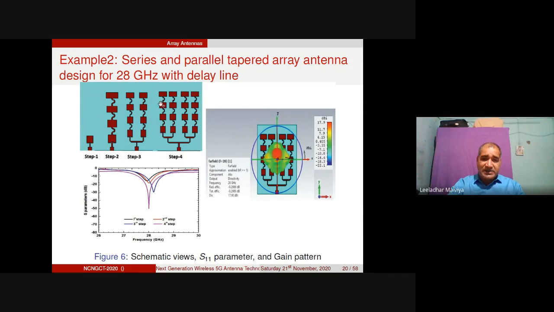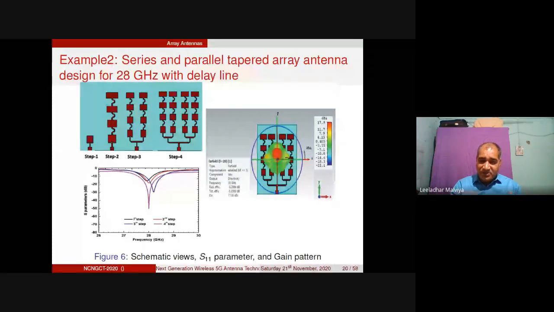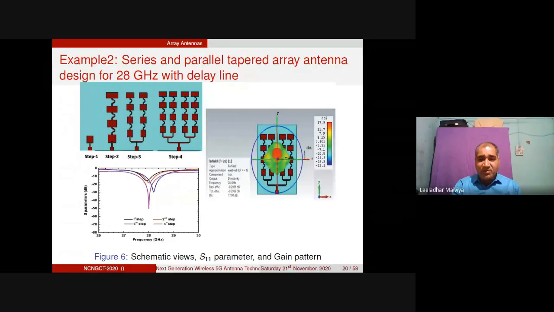So this was step 4, which was our final design, and this design showed us 17.9 dBi of gain. And if you look at the radiation pattern, definitely the radiation pattern was very close to the center, because if you look at the requirement of the antennas and compare the placement of the antenna in the mobile, we must have a very high value of the front to back lobe ratio, because the back lobe radiation will enter our body.